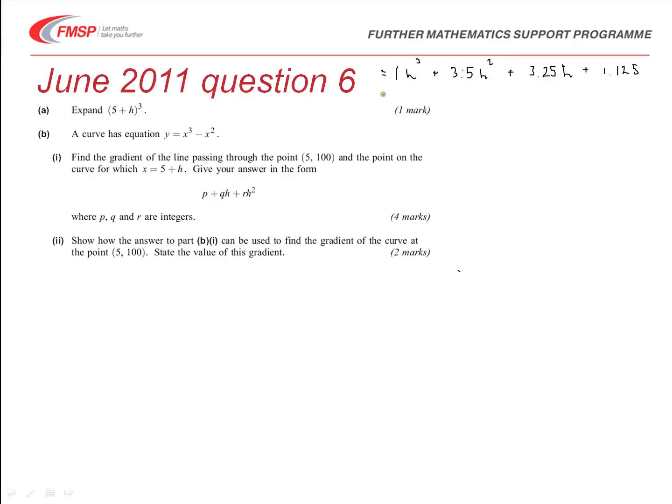If we work out the coefficients, we get one lot of h cubed, then 3 times 5, which is 15h squared, and 3 times 25, which gives us 75h, and then finally 125. We need to obtain the correct solution to that part in order to obtain our 1 mark.